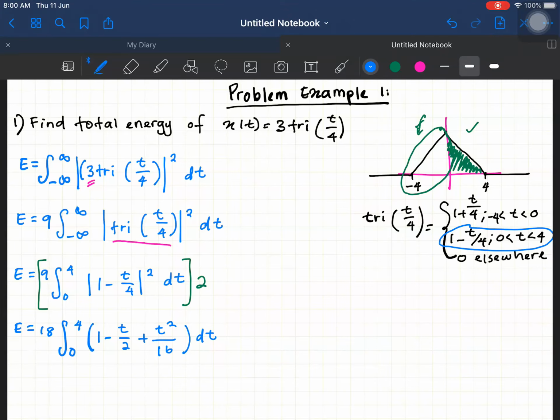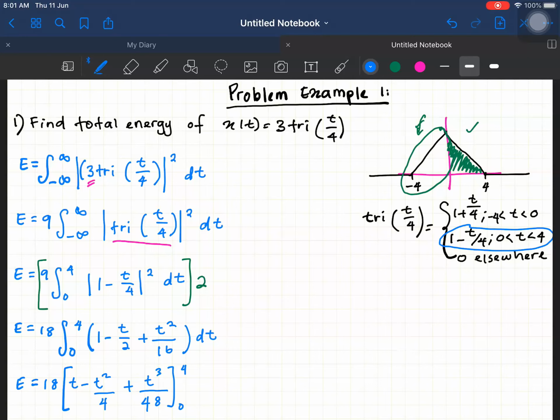Now you can integrate. You will get E equals 18 times t minus t squared over 4 plus t cubed over 48, and the integration is from 0 to 4.